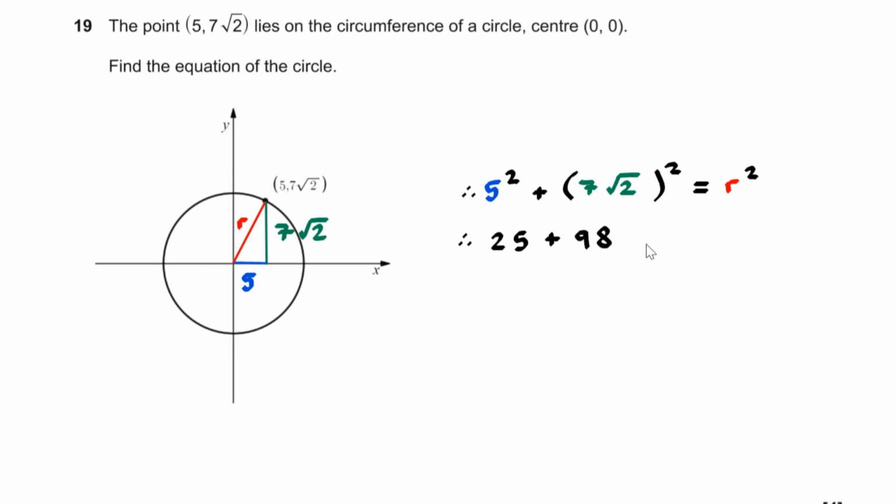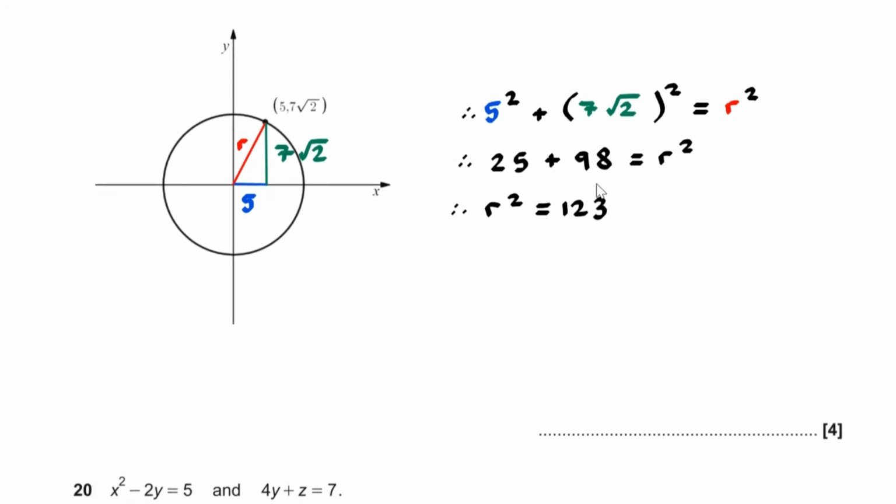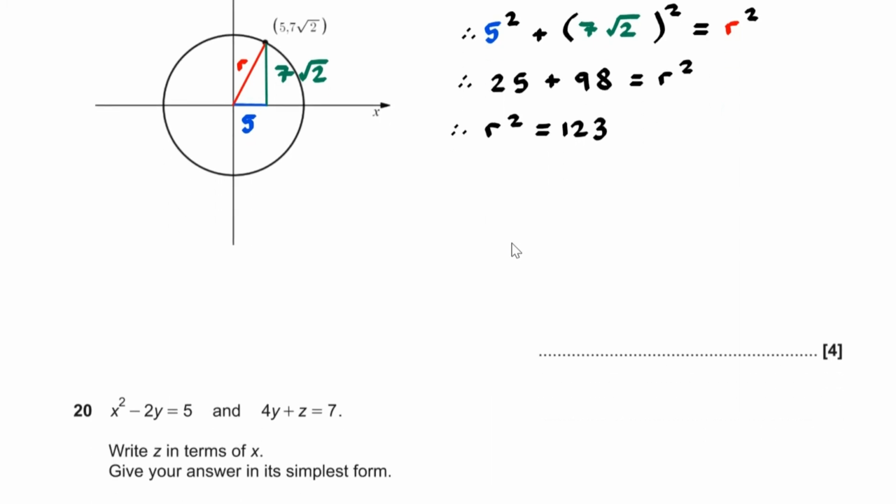So we have 25 plus 98 equals r squared, which means r squared is equal to 123. We don't need to square root this. We can leave it as it is, concluding that x squared plus y squared equals 123 is the equation of the circle.